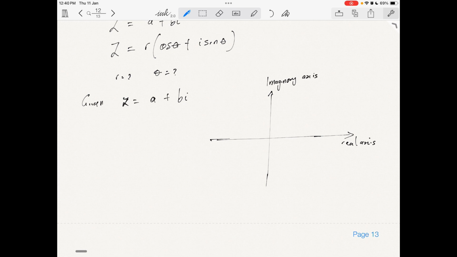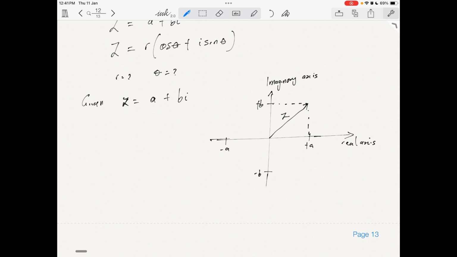So let's say we have plus a here and minus a here, plus b here and also minus b here. In this complex number, we have positive a and positive b, so we are having it in this space. So this is our z. I'll call this bi, or we can leave it as b.